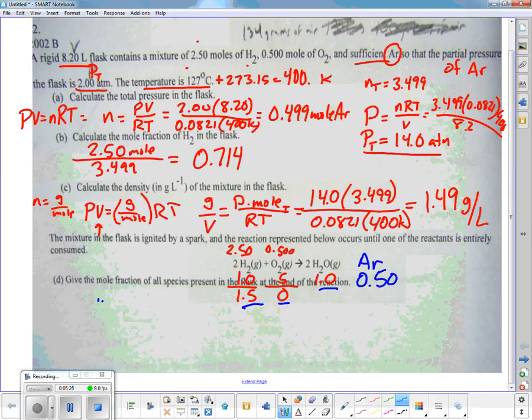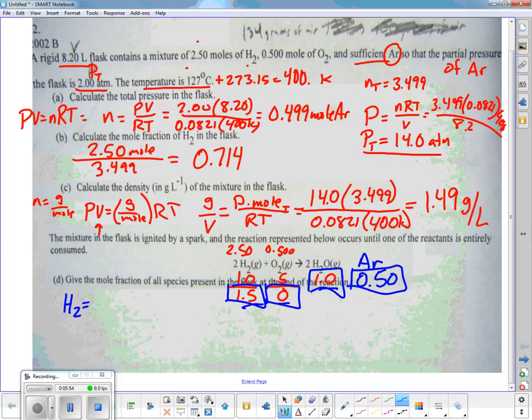Okay, so you're right, it should be 3 overall. So H2, how do we have plus 0.5 plus 0.5? No, this is what's left over right now. It doesn't say to start with, it wants it at the end of the reaction. Right? Okay, at the end of the reaction.